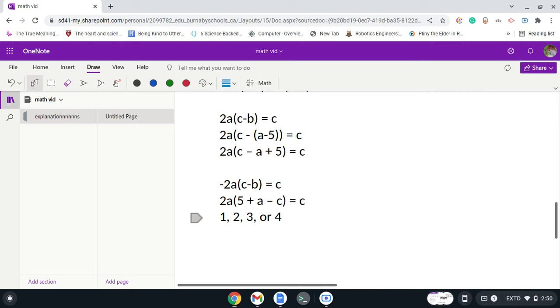Okay, so now if 5 plus A minus C is equal to 1, we would have A minus C is equal to negative 4.